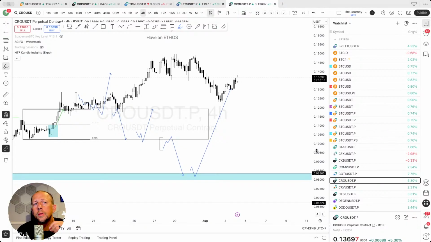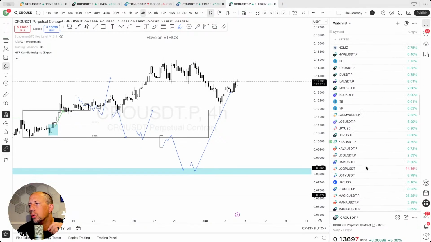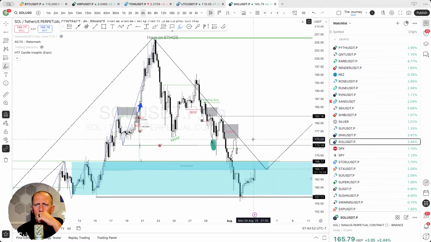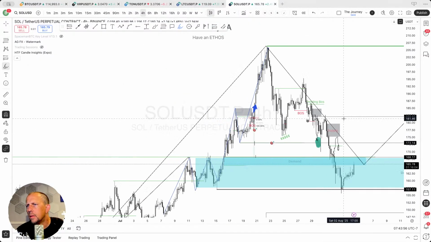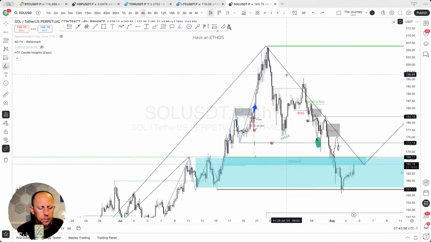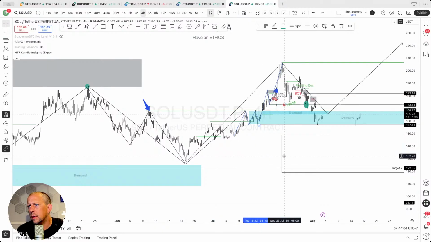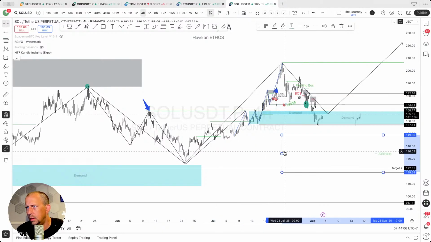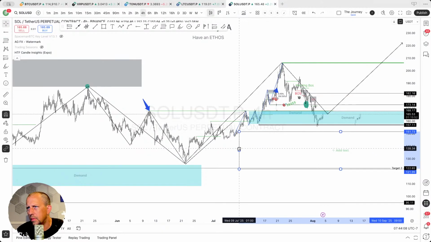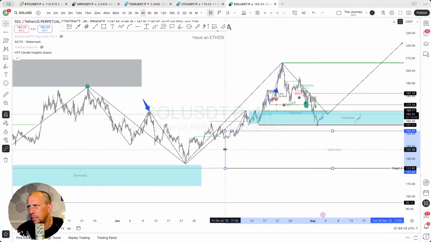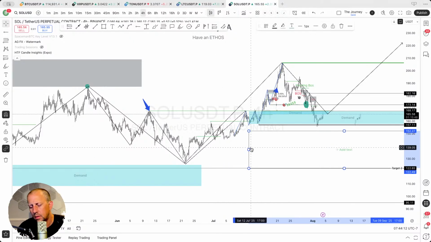Oh, Sol. Somebody did ask for something. All right, so we talked about this low last week. I said that to me it wouldn't be logical for the long to come from this zone.